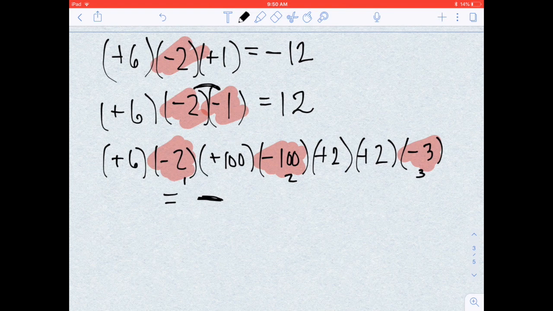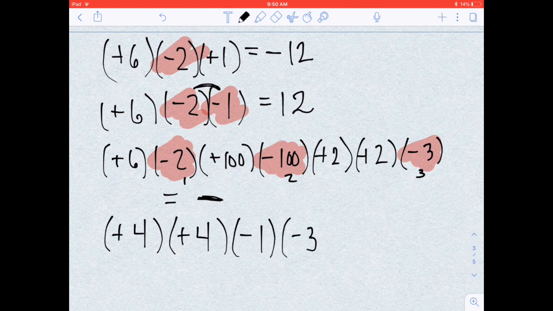Now the book doesn't go that far, but that's the pattern I want you to see. It'll help you later on when you're doing more complicated math next year. So one more problem. Let's say we do +4 times +4 times -1 times -3 times -12 times -2 times +1.